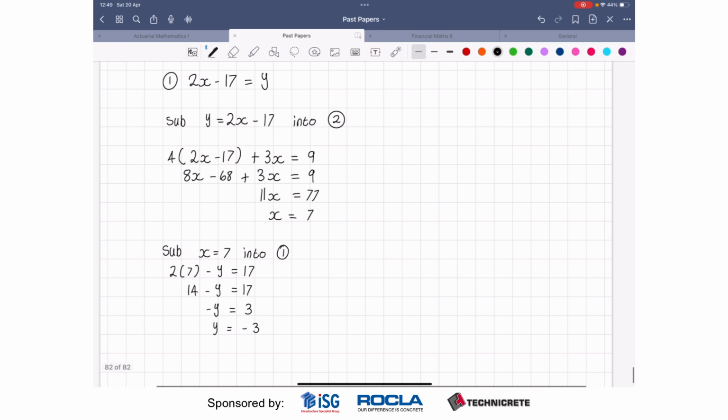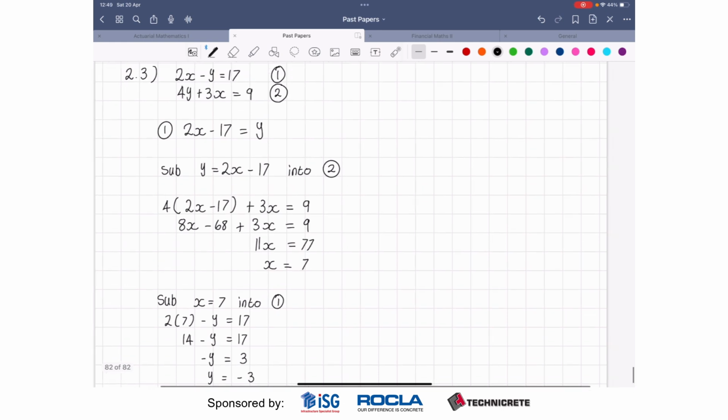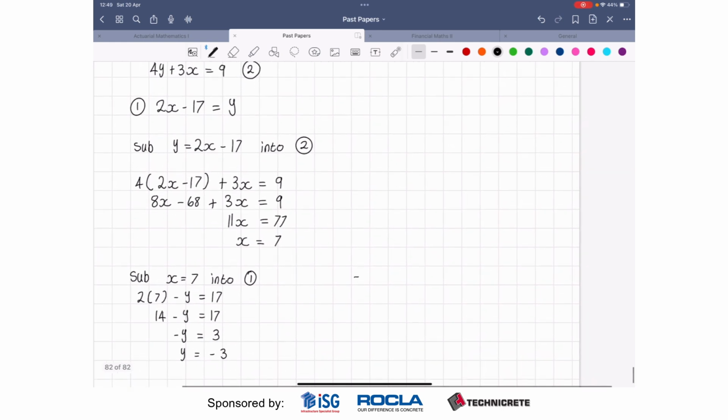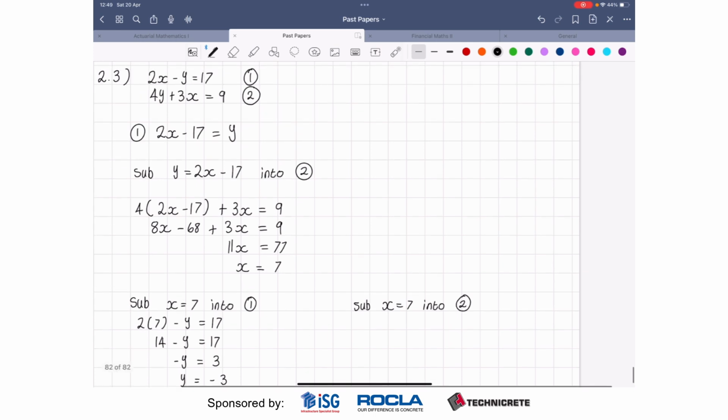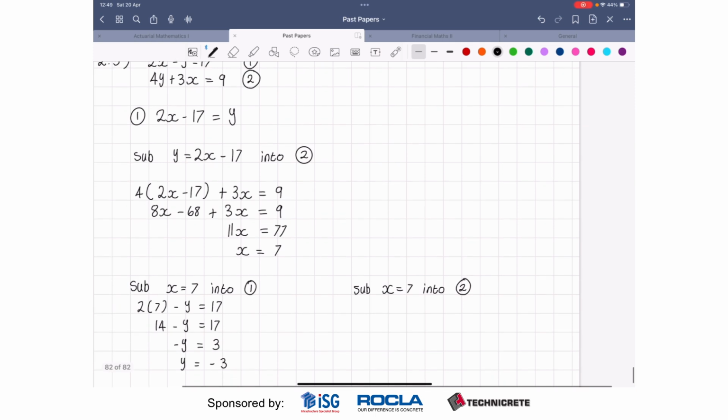And if you want to make double sure, you can also sub x equals 7 into equation 2. So same thing, everywhere that I see x, I'm not going to write x, I'm going to write 7.